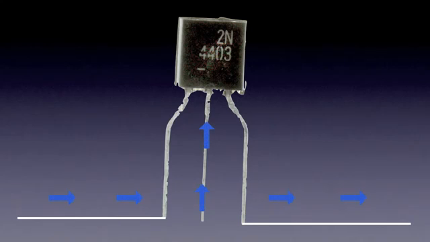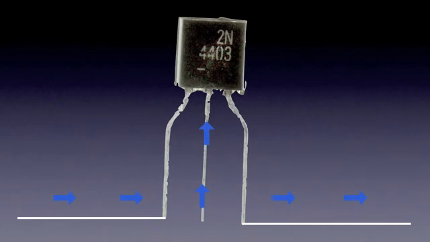Electricity can flow through the transistor, just as it did when the light switch was on. Let's see that again. If we stop the electrical current, the transistor turns off. By applying electrical current, the transistor turns on, and once more electricity can flow through the transistor.